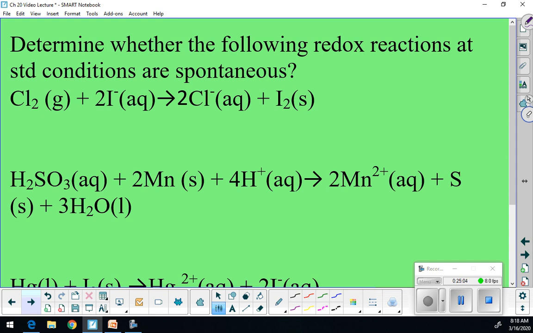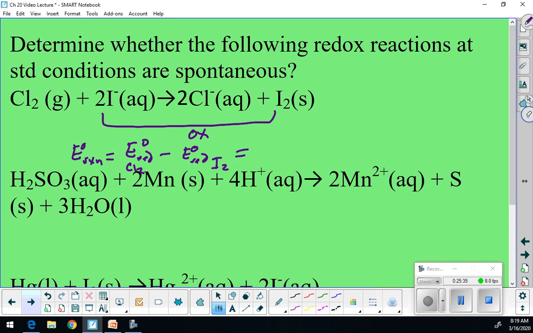Okay, cool. All we have to do is look and check out these things. So what is happening here? My I is oxidizing, so that means my E for the reaction is going to be my standard reduction potential for my chloride minus my standard reduction potential for my I2. So let's look those up.